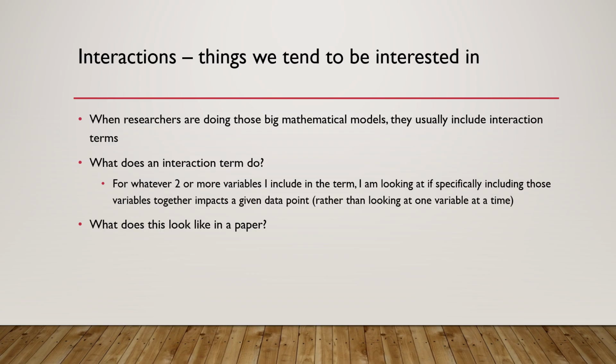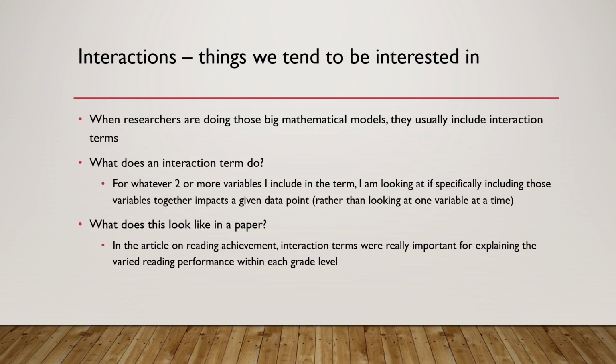So what would this look like in a paper? Well, we saw this twice in both papers. In the article on reading achievement, which is the one I was just talking about, those interaction terms were how they were explaining what was happening for the students based on both their English learning status or English fluency status and the modality that they were taught in, and how both of those together impacted their grade, their reading performance.